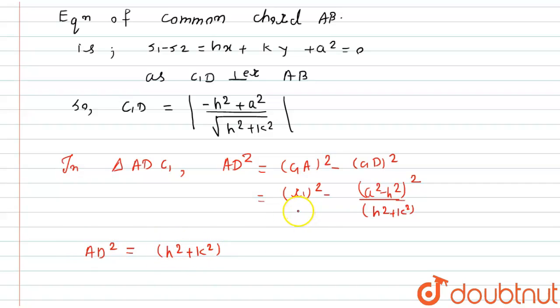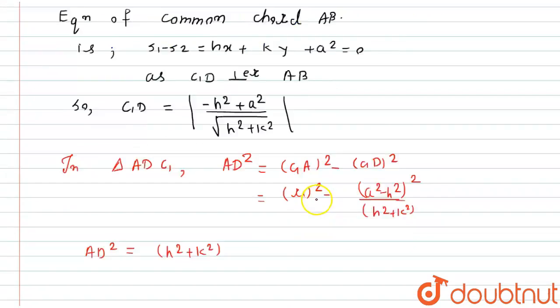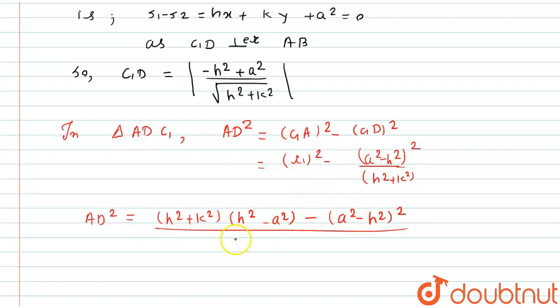Now R1 square, R1 is what we found, that is under root of h square minus f square. If we square, the root gets cancelled out and it simply becomes h square minus a square. Then minus the bracket a square minus h square, squared. This is divided by h square plus k square in the denominator.